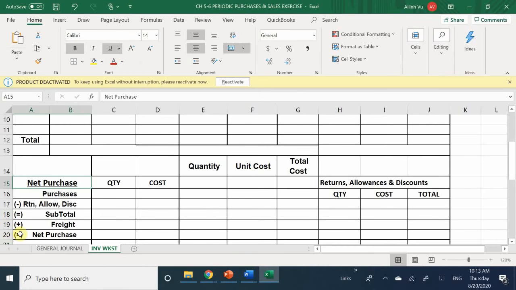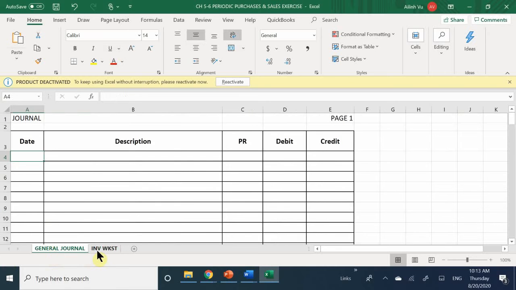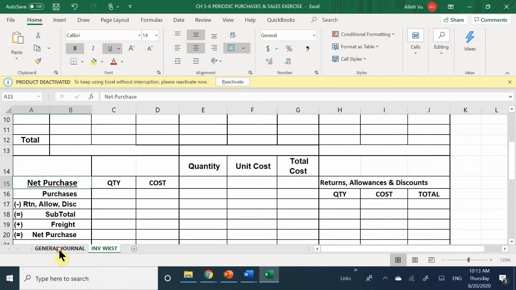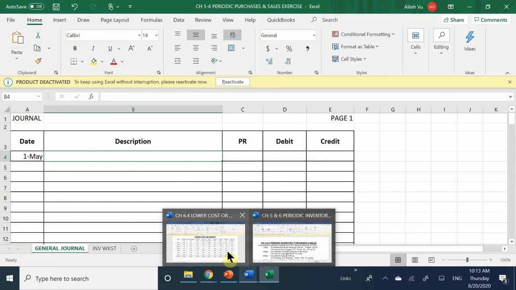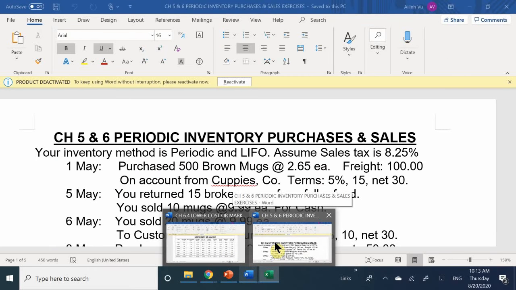Okay, so we just purchased 500. I'm going to go ahead and do my journal first, because that's always first. Number one thing is your journal. And we were on May 1st. All right. So what do I do here?